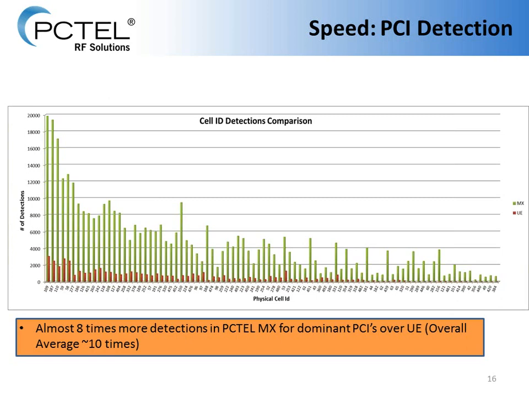And the red is essentially what the UE did. So essentially we had about 8 times more detections with the MX scanner. Overall average was actually about 10x. So this can be very important, like I mentioned before, when it comes to looking for fading issues and this type of thing, in order to be able to get as much data as possible of what your RF environment looks like.